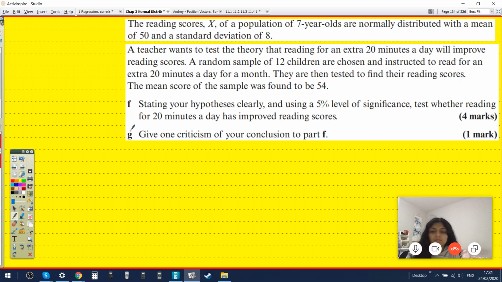And give one criticism of your conclusion to part F. So is this the reading scores of 7-year-olds? 50, standard deviation 8. An extra 20 minutes a day will improve reading scores. A random sample of 12 children are chosen and instructed to read for an extra 20 minutes a day for a month. They're then tested to find their reading scores, and the mean score is 54. So what one criticism could we come up with?